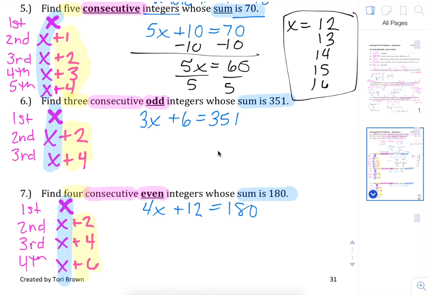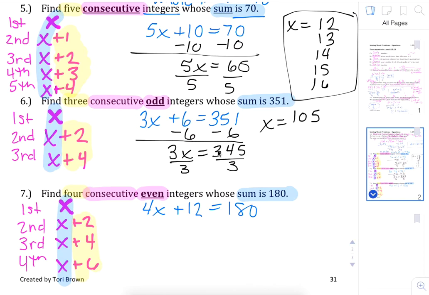That's it. Okay, let's try 6. Subtract off your 6. 3x equals 345. Divide out the 3. All right, my x comes out to be 105.